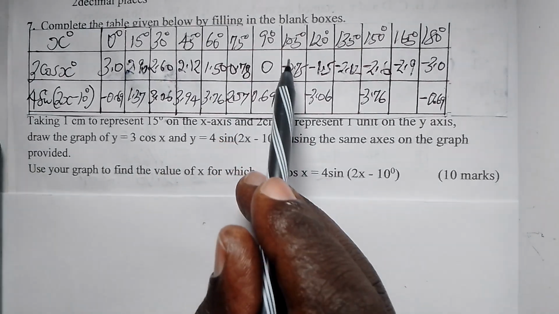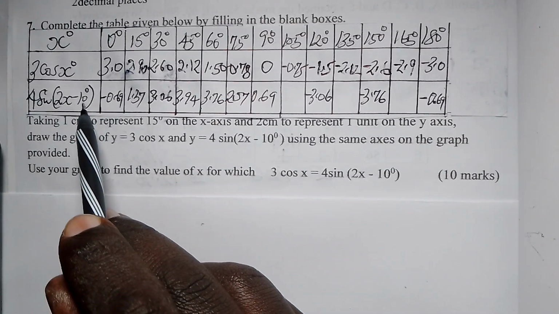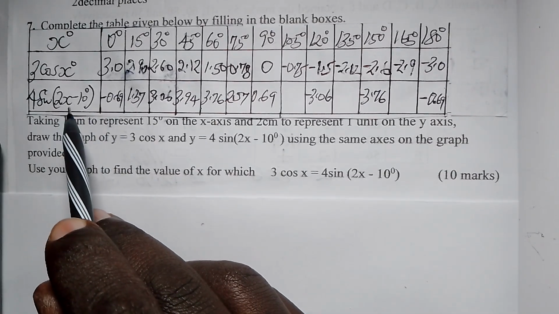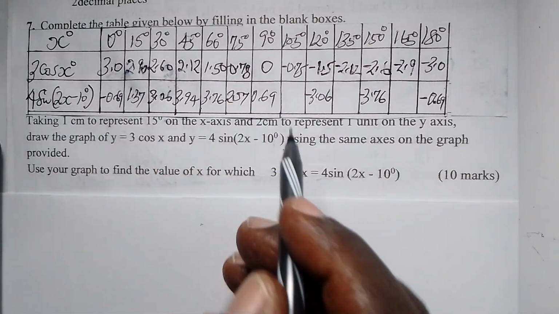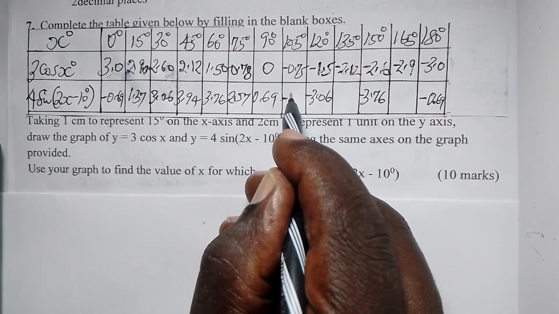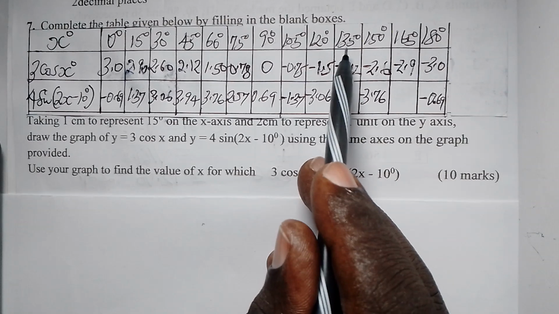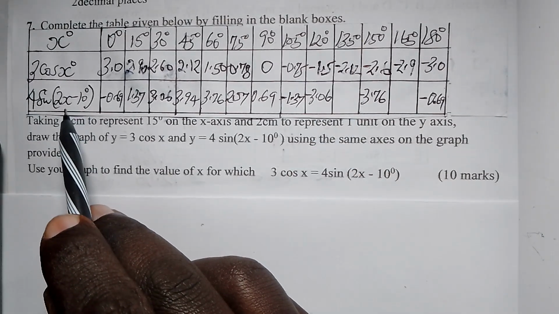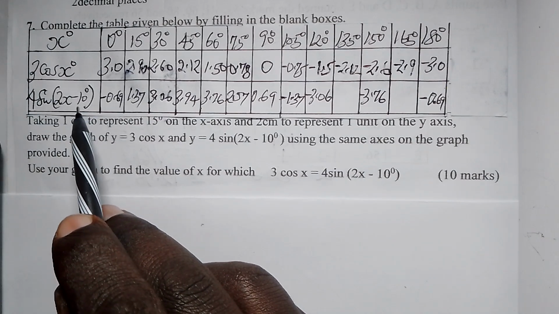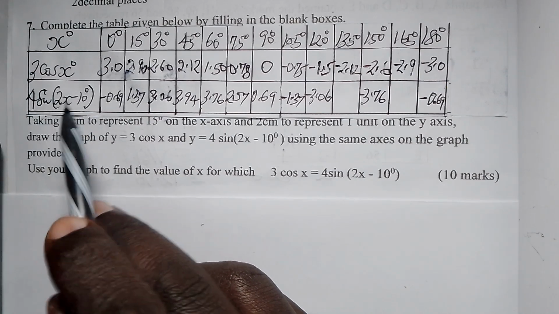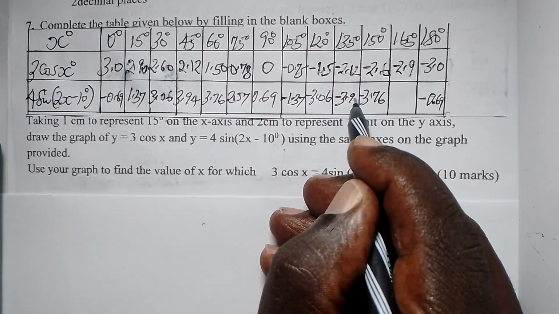The other one, 105 times 2 is 210, minus 10, 200. 4 times the sine of 200, that gives you negative 1.37. And then this is 135 times 2, 270, 270 minus 10, 260. 4 times the sine of 260, negative 3.94.